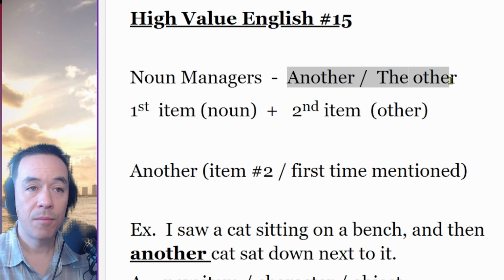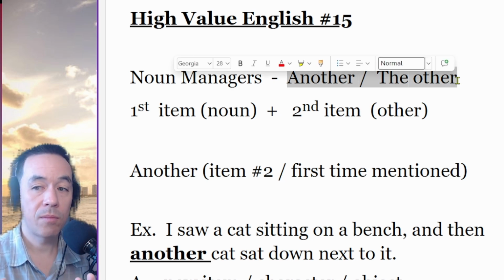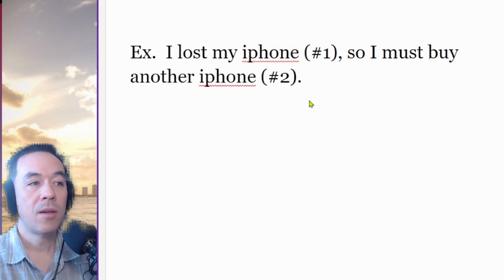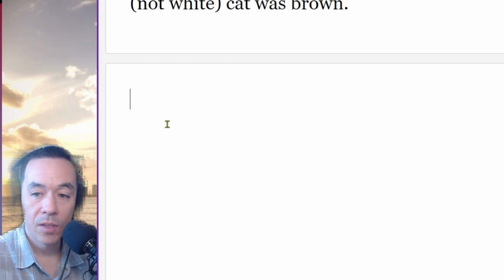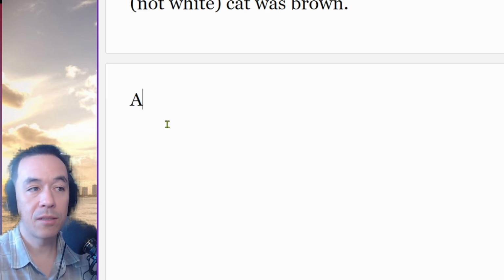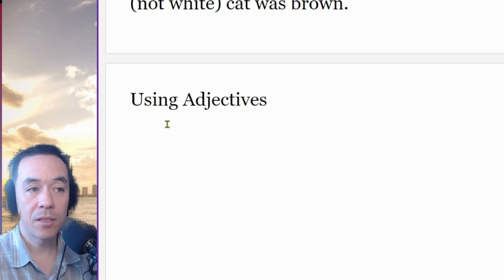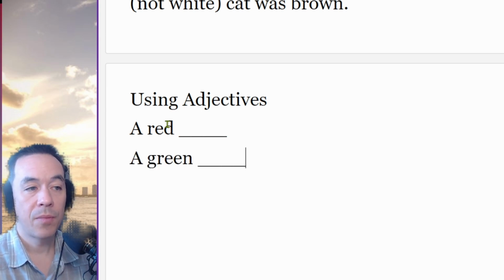So another and the other just means kind of different, separate items of maybe the same word. But now let's use adjectives too. So for example, you might have a red, blah, blah, and maybe a green, blah, blah, right?